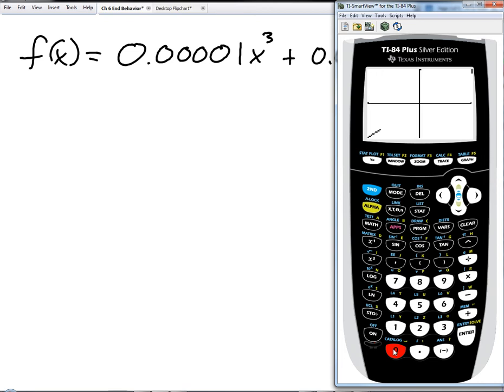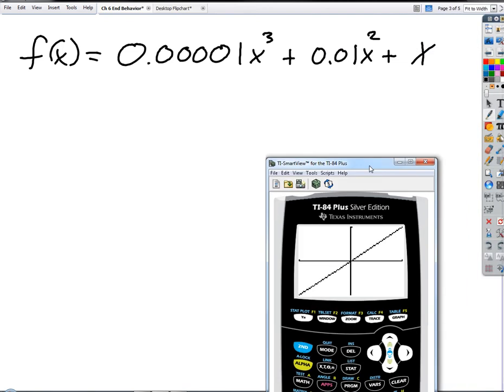What part of that function does that look like? y equals 0.0001 x cubed, y equals 0.01 x squared, or y equals x? y equals x. Stands to reason, because those decimal points made these contributions very small, so this was the part that mattered the most, right?